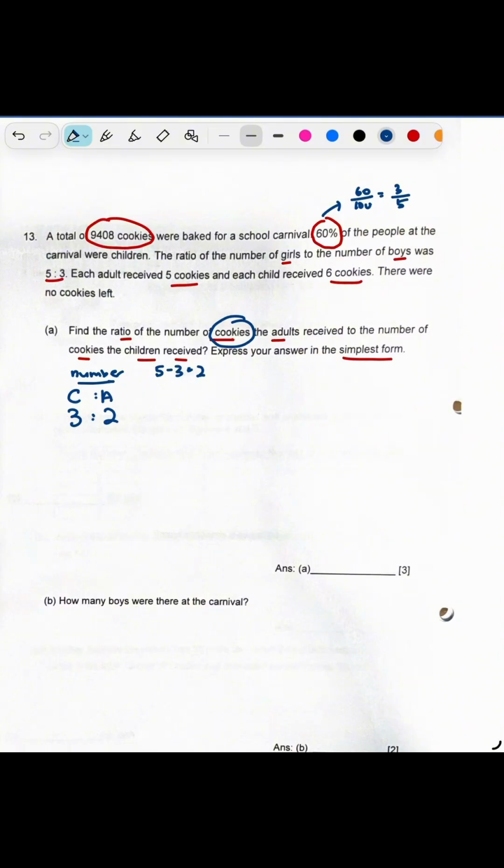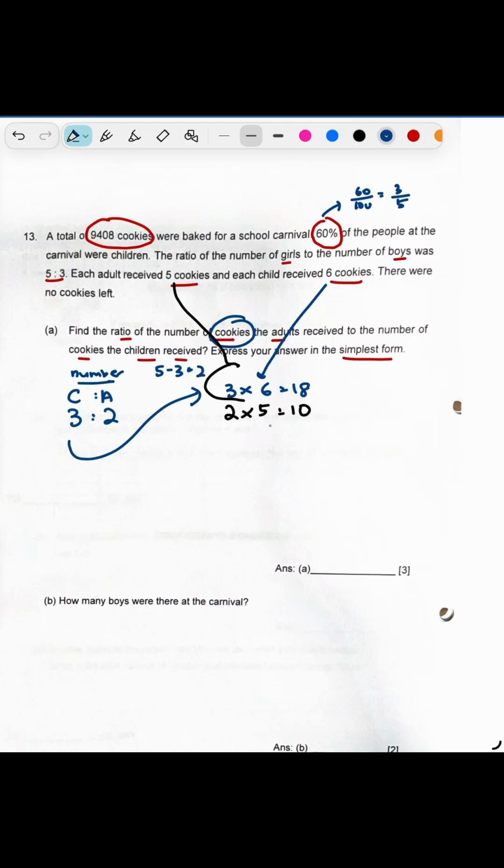So let's say really your carnival, not possible, have 3 children, and these 3 children receive 6 cookies. There will be 18 cookies. Let's say your carnival really only has 2 adults, which is not possible because this is the simplest form, and each adult receives maybe 5 cookies, then the total will be 10.